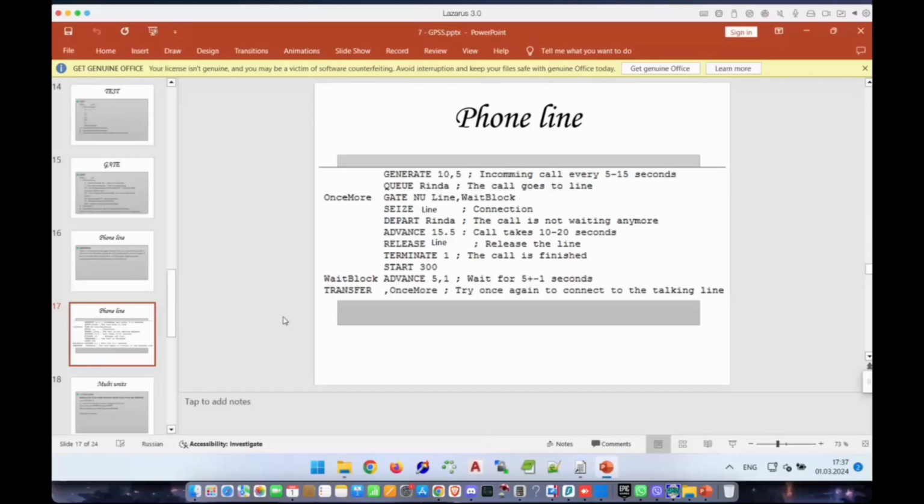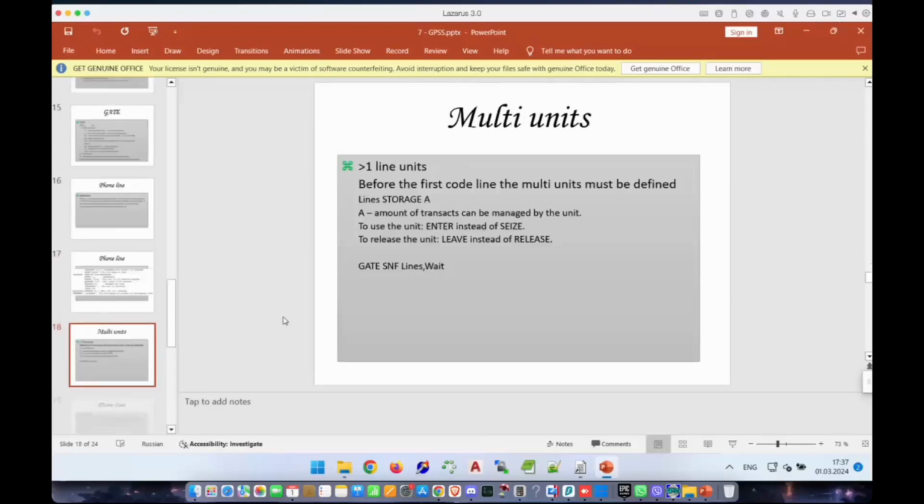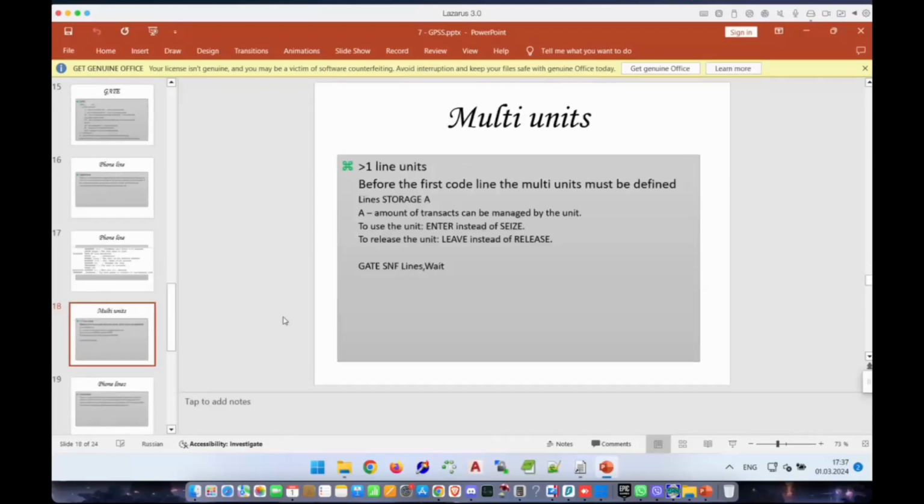Okay, great. So here we have just one line which can hold only one call simultaneously, I mean, at the moment. So we can extend this task to the case when we have multi-slot facilities, or as they are called in GPSS, a storage.